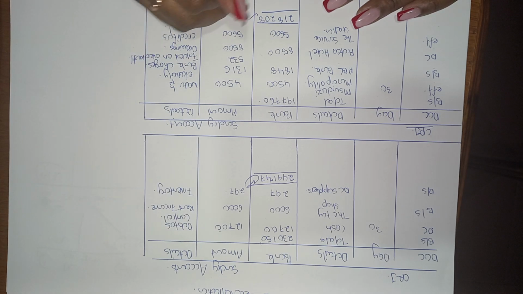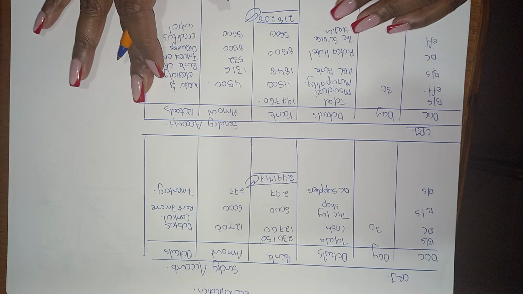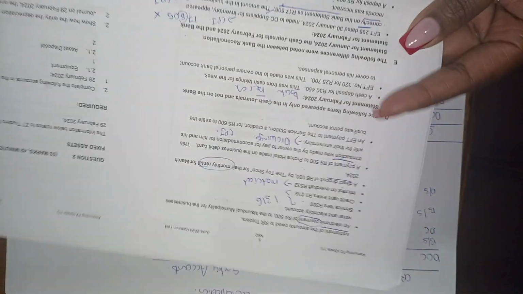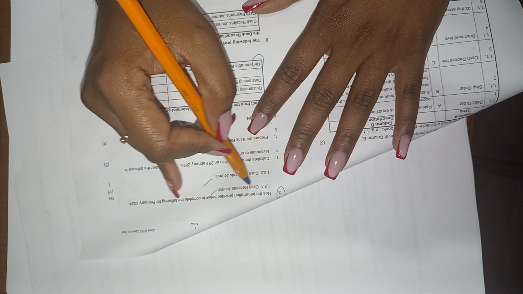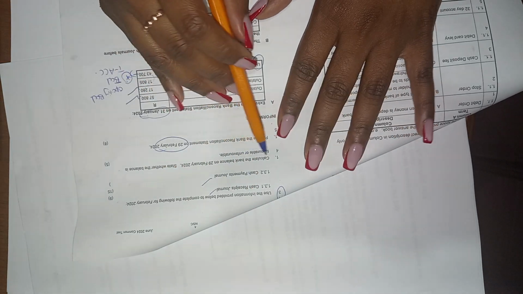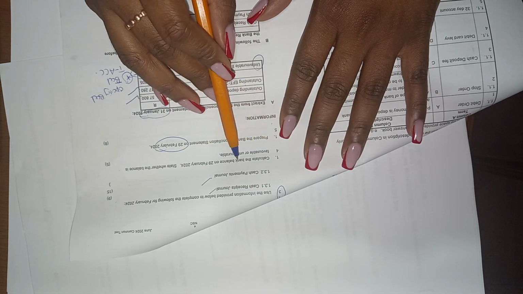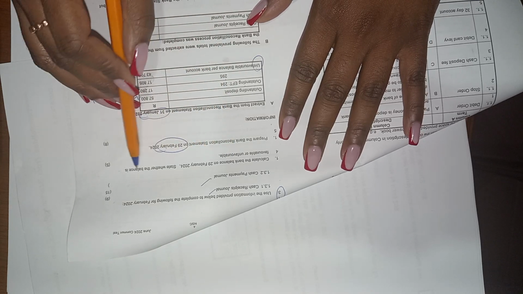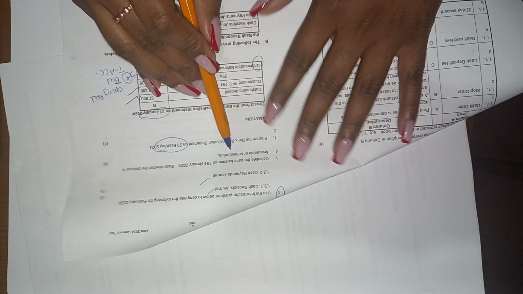Okay, and then also operation mark here, and then marks throughout here. Going back to my question, so I did 1.3.1, 1.3.2. 1.4 says calculate the bank balance on the 29th of Feb 2024. State whether the balance is favorable or unfavorable.